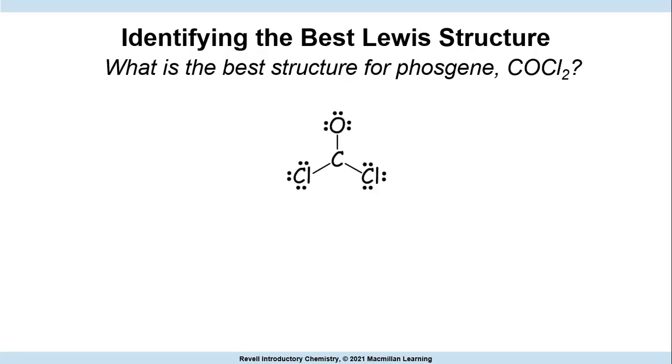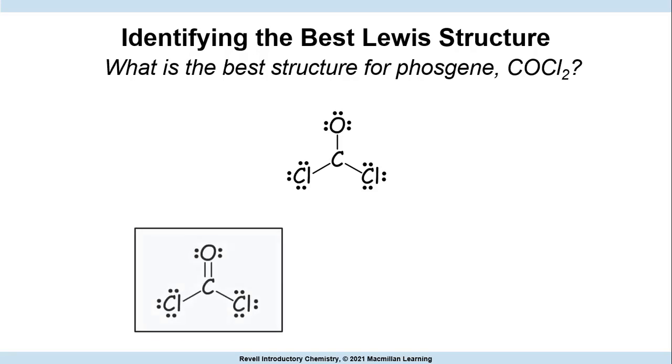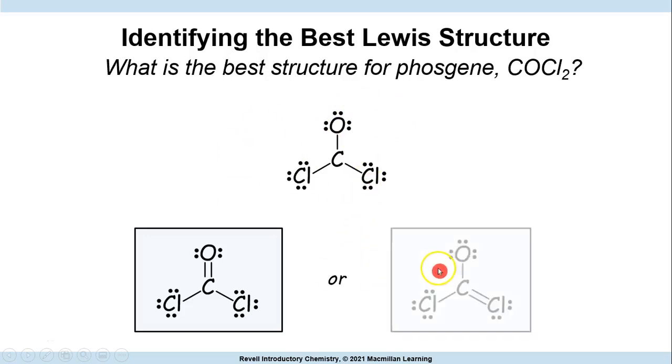We are going to use an example of phosgene here, which is a very toxic chemical that was used in World War I. So we have the structure here, the framework. We've already calculated the number of valence electrons. We have the framework, and we are given these structures. So these are the 2 structures. So now, question, which of them is correct?